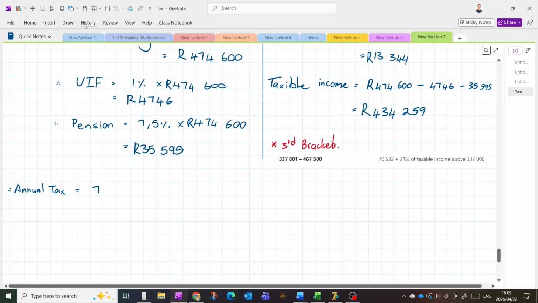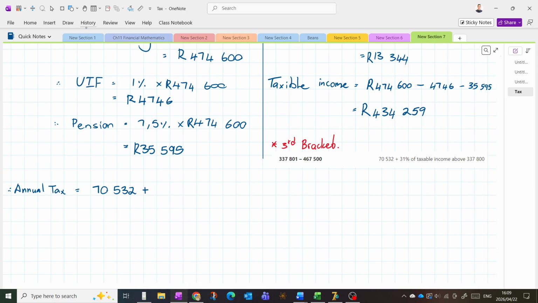Okay, so for his annual tax, what does he need to pay? 70,532 Rand. Into that, we need to add 31% of everything over 337,800. So we're going to take his taxable income and subtract the 337,800.